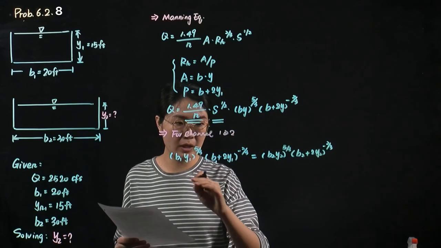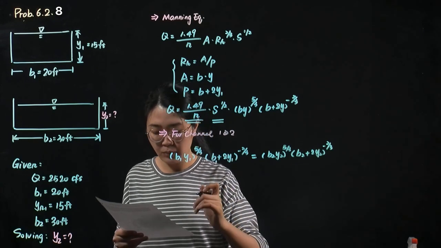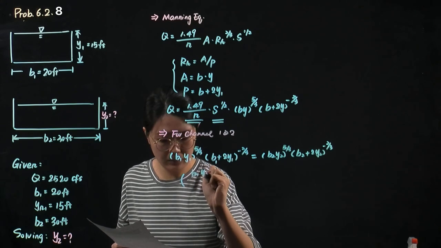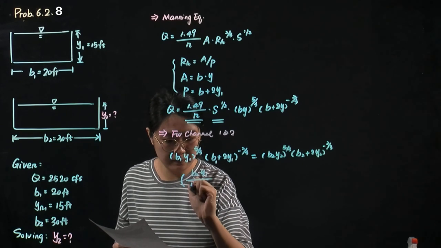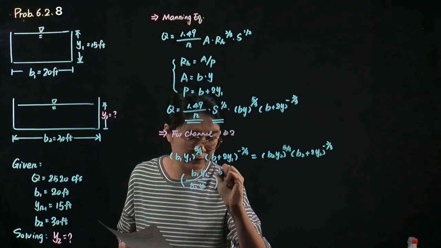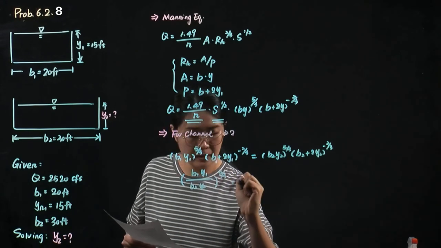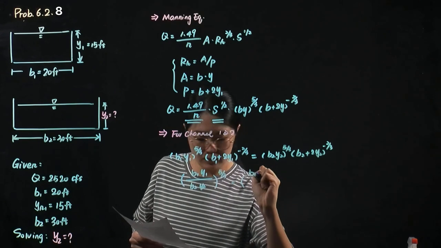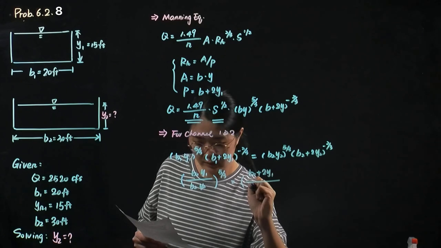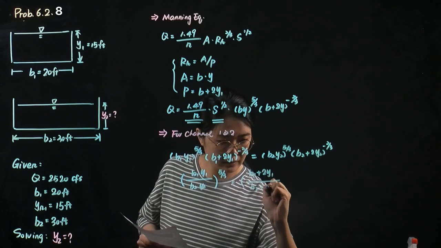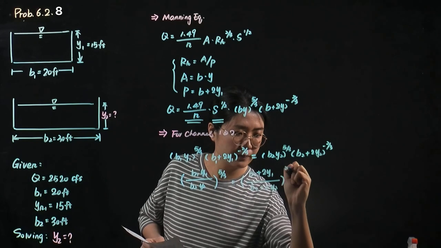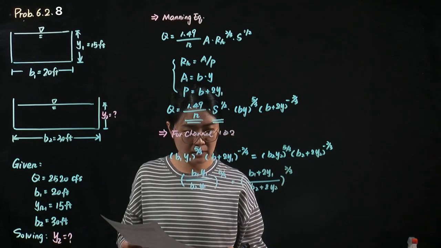After we arrange this equation, we can get (b1 y1 over b2 y2) to the power of 5/3 equals ((b1 plus 2y1) over (b2 plus 2y2)) to the power of 2/3.